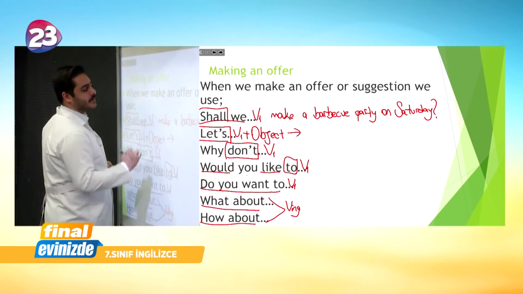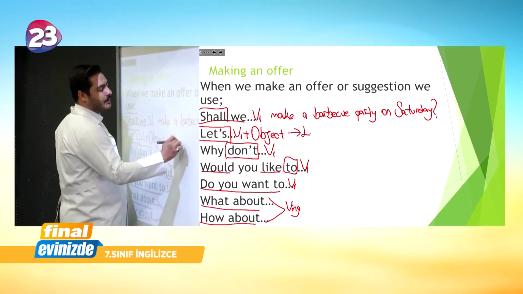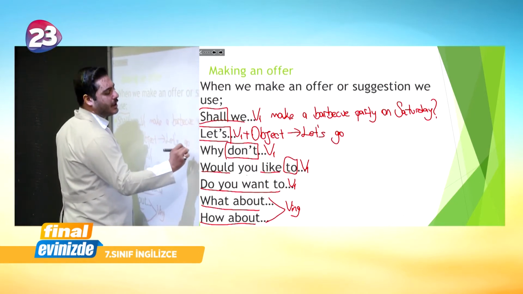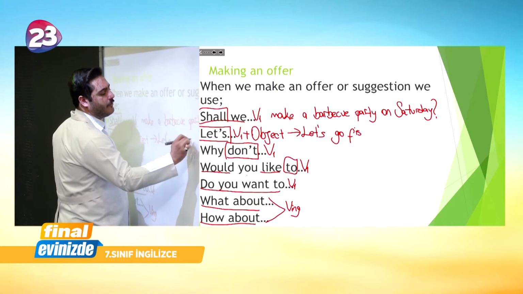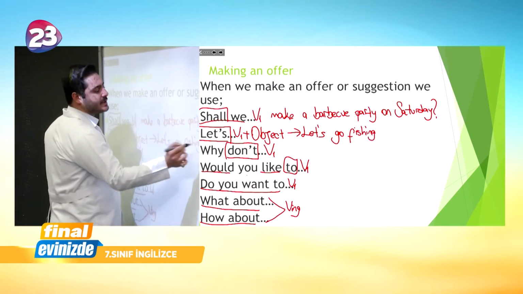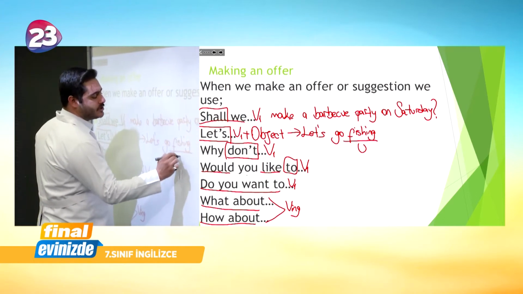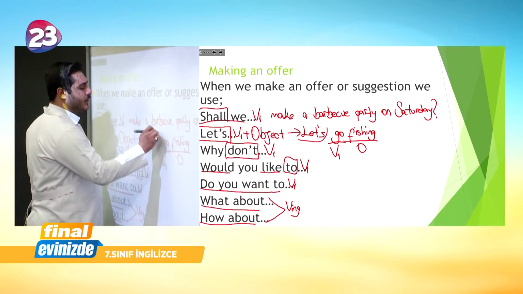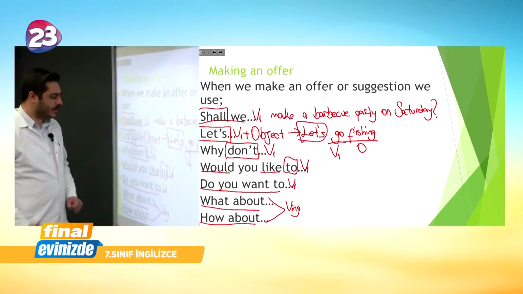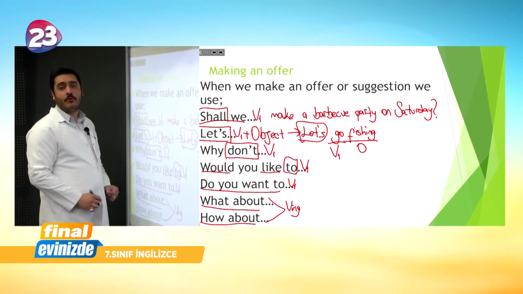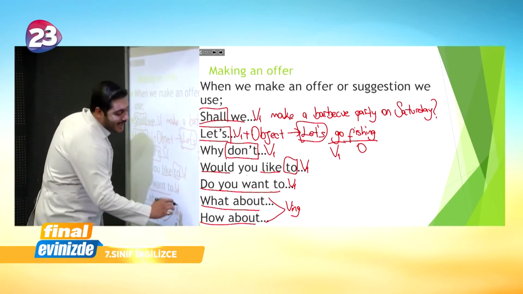Let's see the example. Let's go fishing. As you can see, this is our object, this is verb 1, and our modal. Yes, after what about and how about, we have to use verb ing. It's like that.